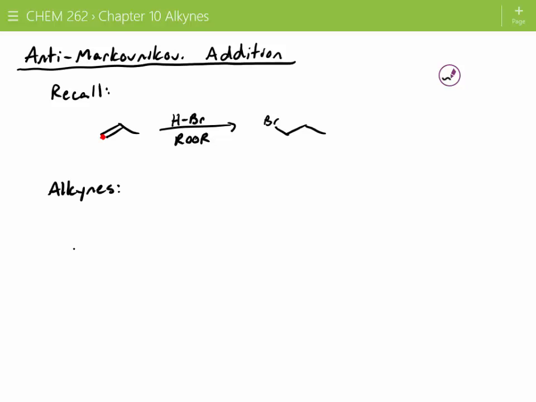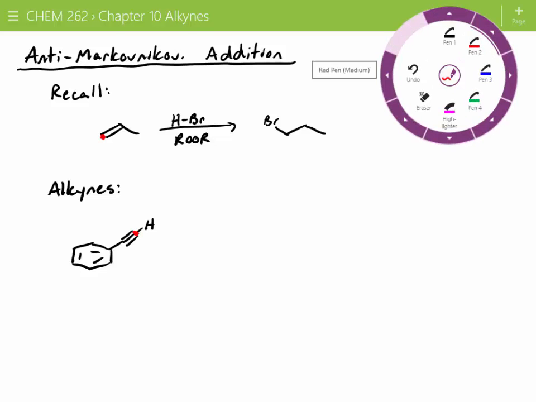So let's do our same phenylacetylene. Let's highlight our anti-Markovnikov side. So again, it's in red. It's that less substituted side of our alkyne.